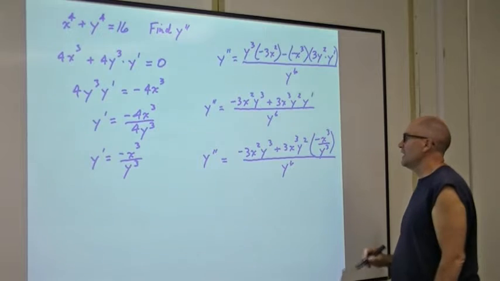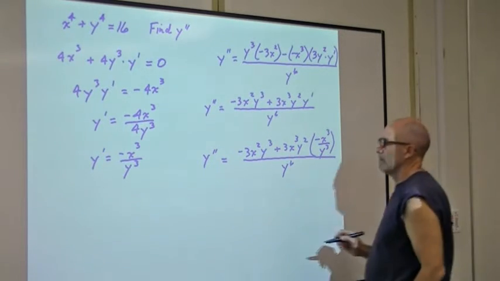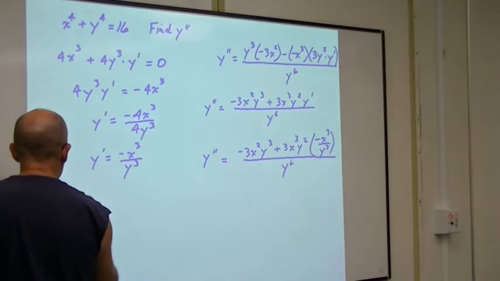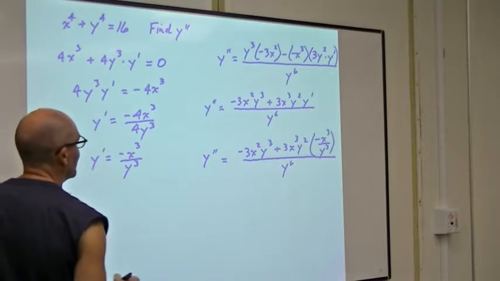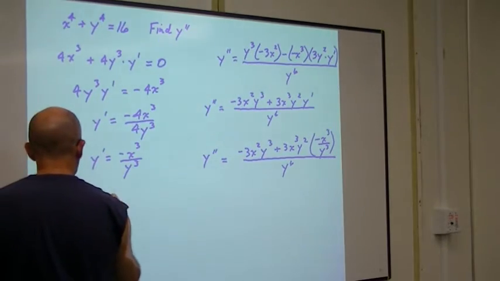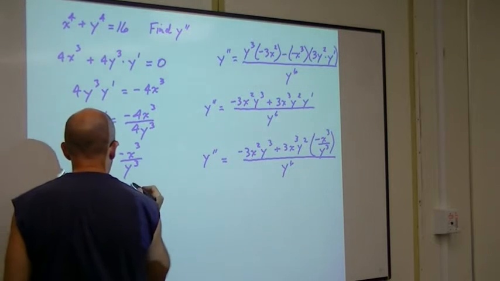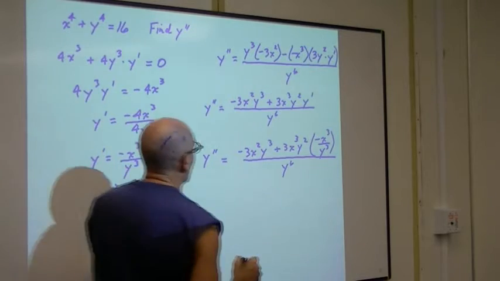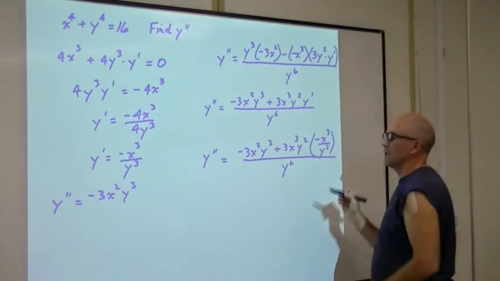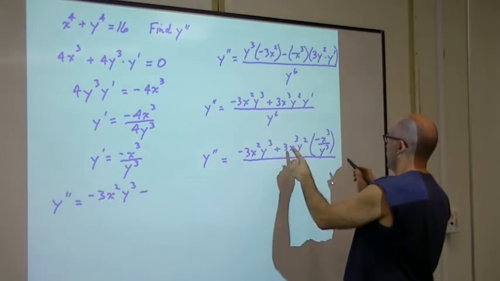Okay, so now we just clean this up. y double prime equals negative 3x squared y cubed, and when I multiply all this out, I'm going to have a minus in there, so it's going to be minus 3.